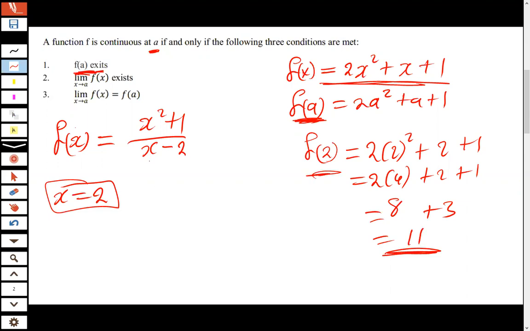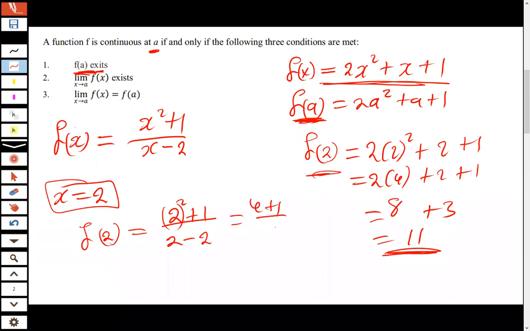But if you replace this same 2 in this expression, if this is the function that has been given, you put 2 where there's x, you discover that f of 2 is equal to, on top you have 2 squared plus 1, and then down there you're going to have 2 minus 2. This will give you 4 plus 1 over 0, which simplifies to 5 over 0.